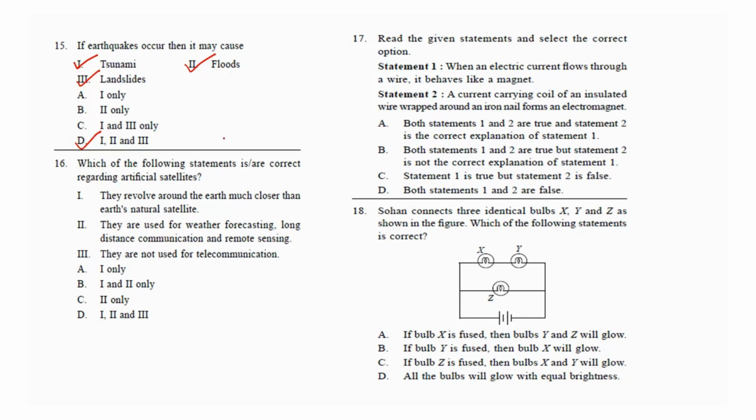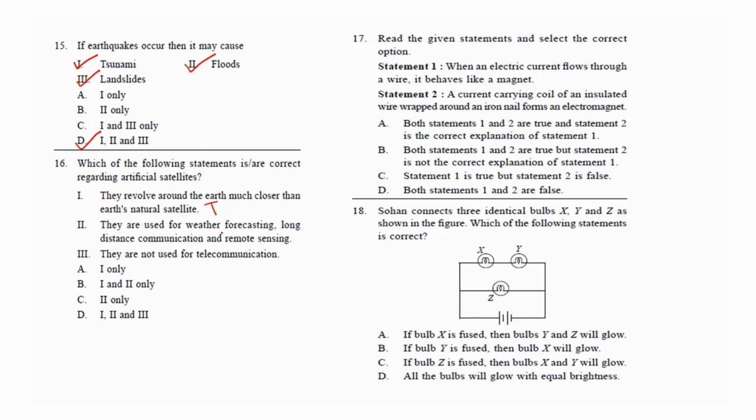Coming to question number 16, this is the easiest question. Which of the following statements is or are correct regarding artificial satellites? The first statement says they revolve around the Earth much closer than the Earth's natural satellite. This is true, they revolve much closer than the Earth's natural satellite, that is the moon.